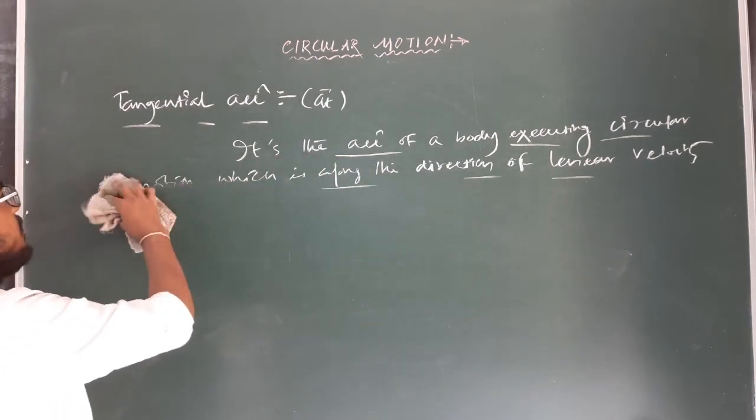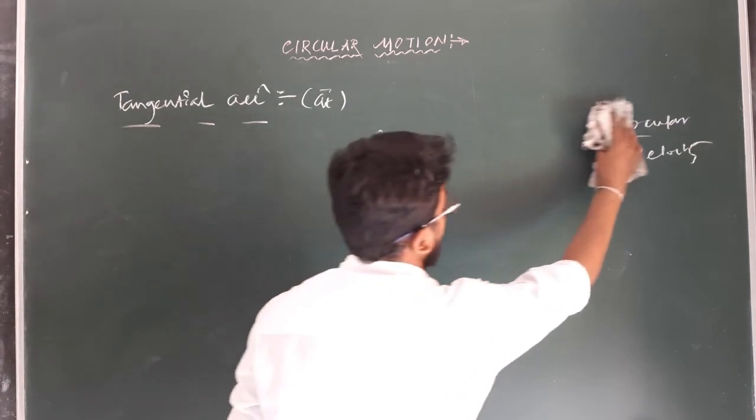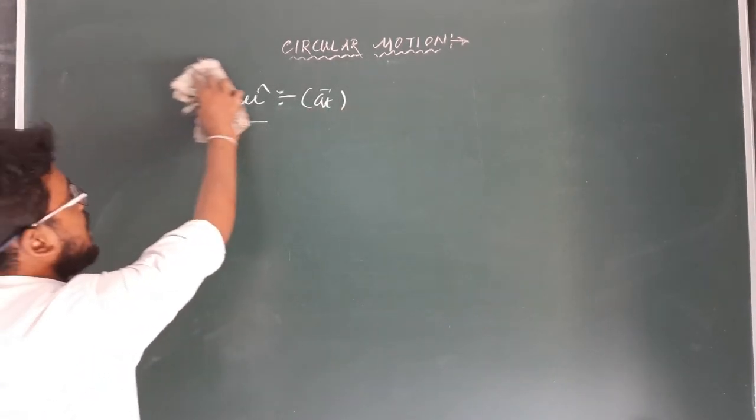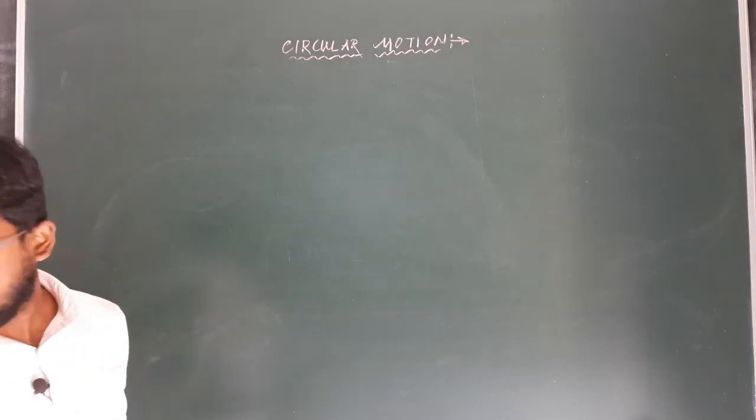So depending upon the acceleration of a particle executing circular motion, the circular motion can be categorized into two types.